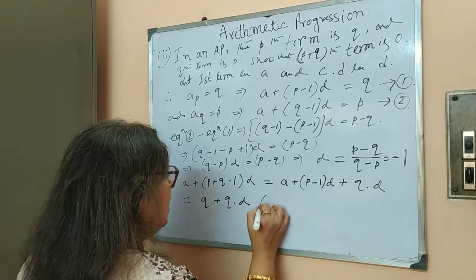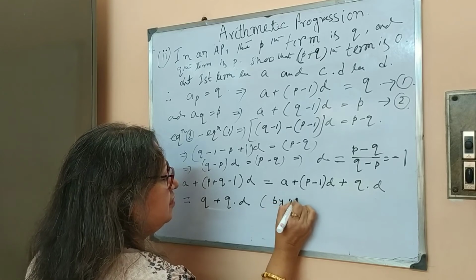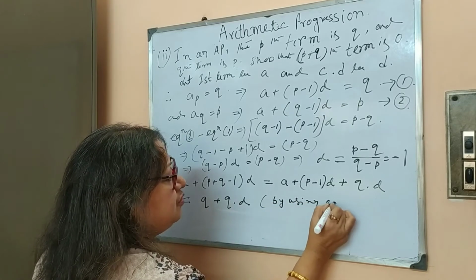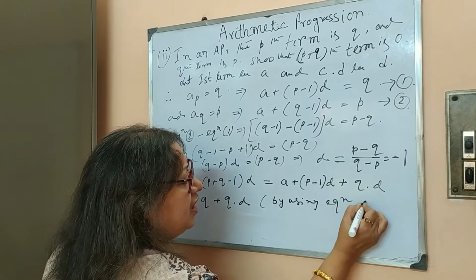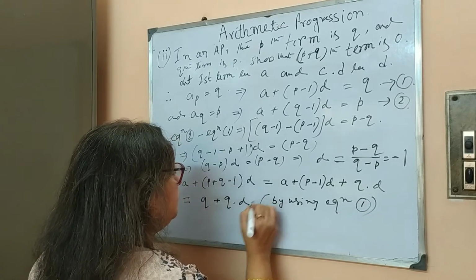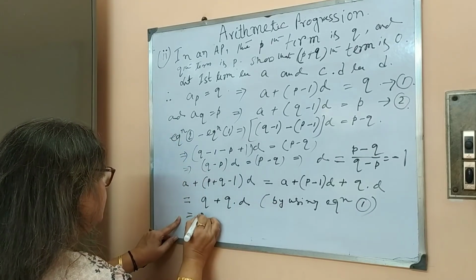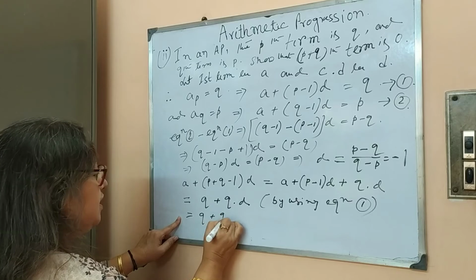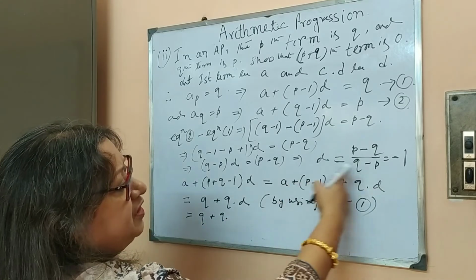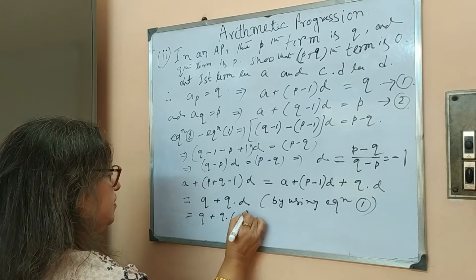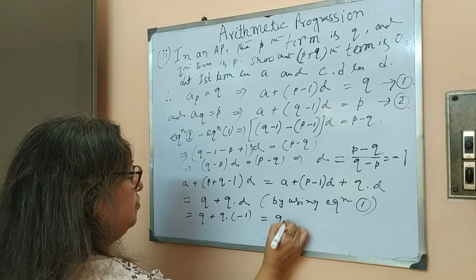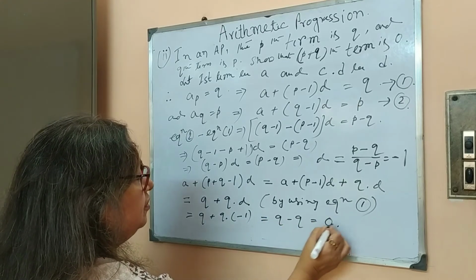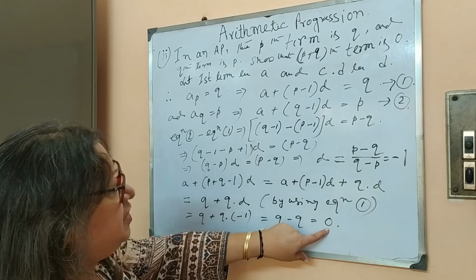Okay. By using equation 1. This is equal to q plus q into the value of d, which is minus 1. That is equal to q minus q is equal to 0. Then the p plus qth term is 0.